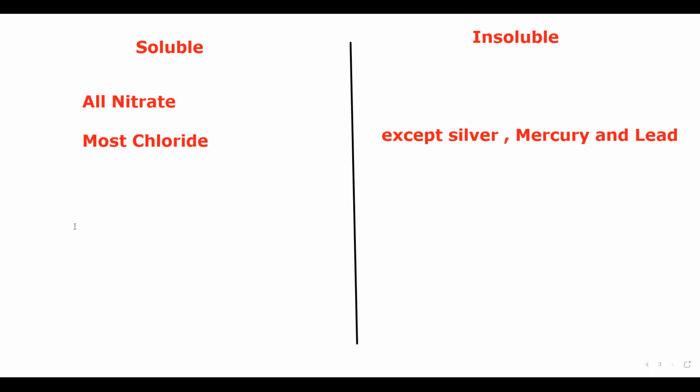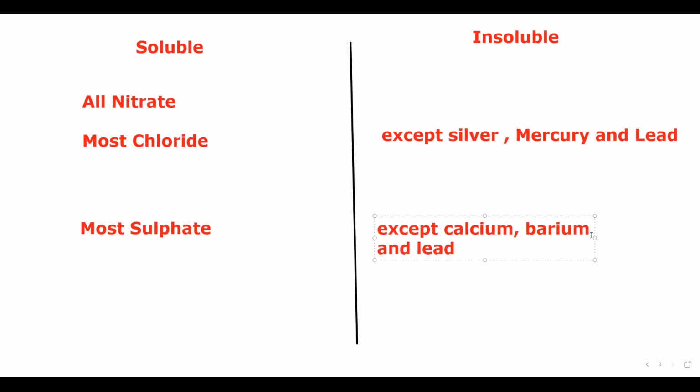Most sulfates, most of the salts having SO4, are also soluble except three which do not dissolve in water: calcium sulfate, barium sulfate, and lead sulfate. And most carbonates are insoluble.